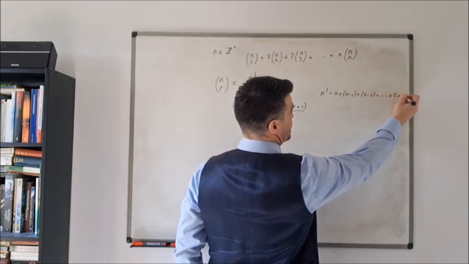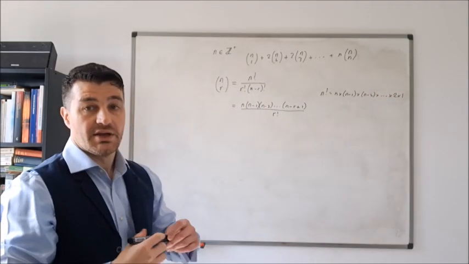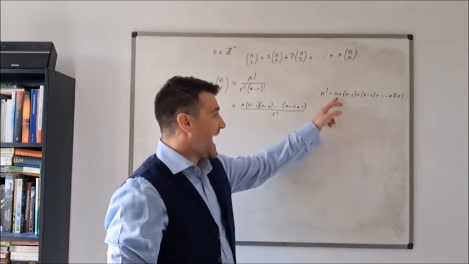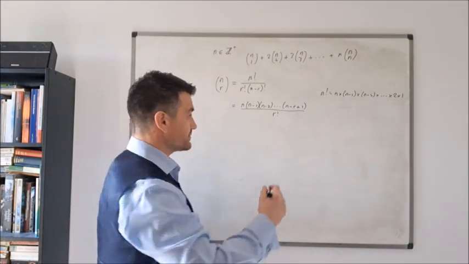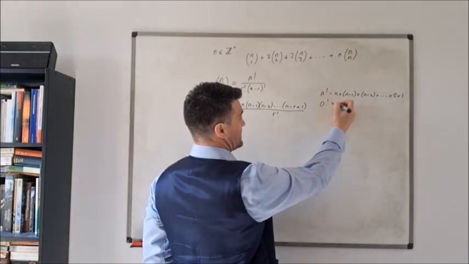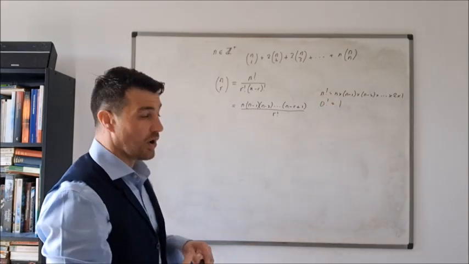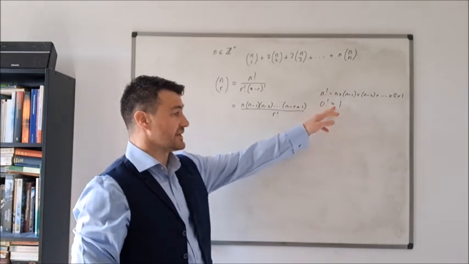So we understand n factorial as meaning n times n minus 1 times n minus 2 down to times 2 times 1. In other words, the product of the first n positive integers, and we take 0 factorial to be equal to 1. We define 0 factorial equal to 1.